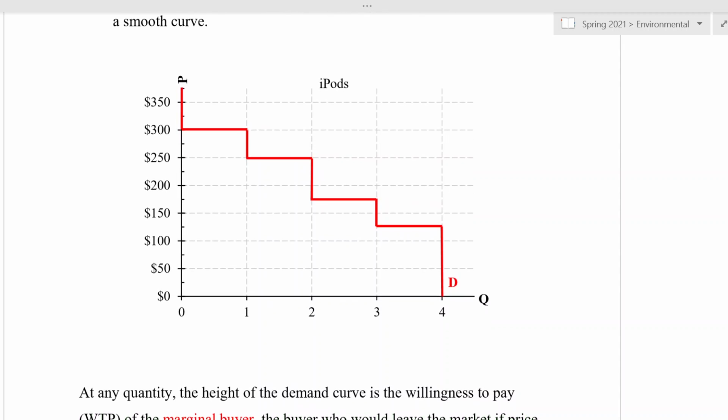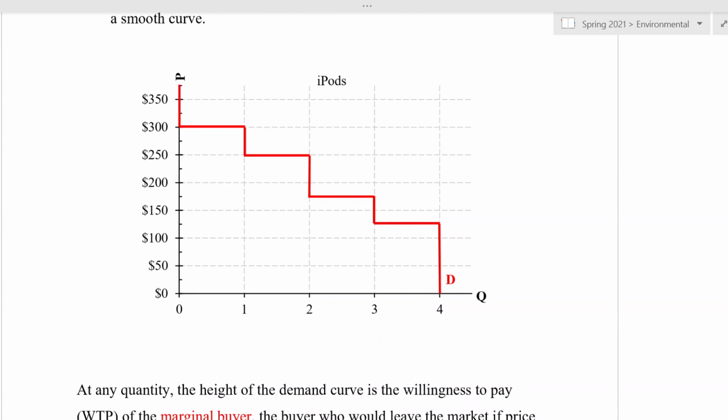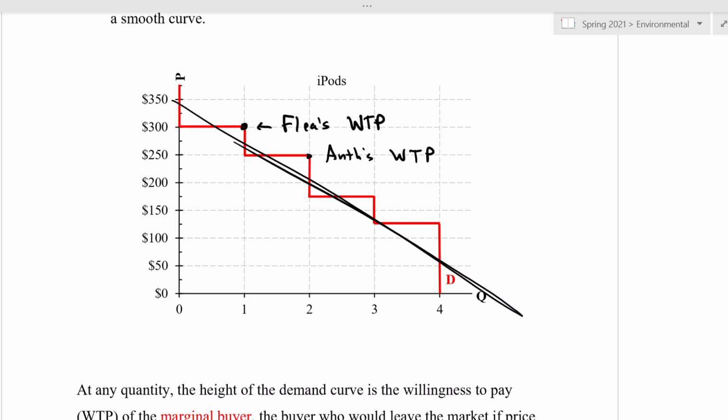Okay, and so in this case, at a price of 300, Flea enters the market, and that is Flea's willingness to pay. Okay, same thing here. That's Anthony's willingness to pay, and so on and so forth. But the point is, there's a lot of information in the demand curve about the value that people place on goods in a market.